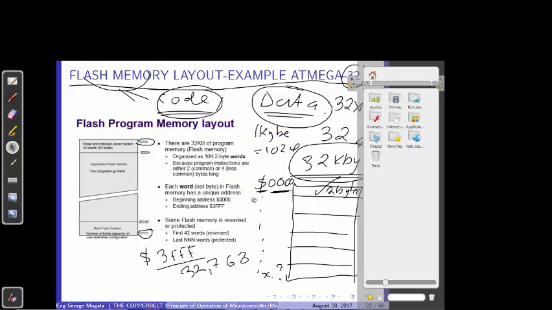Let's try to get, because you need to understand how these memory locations work, how did we come to 3FF as the last cell location? Well, the first cell location is understood, it's all 0000s, right? But now we need to look at what is the last cell location and what is its size, and how did we come to 3FF in this cell location? Because it's 32 kilobytes of space.